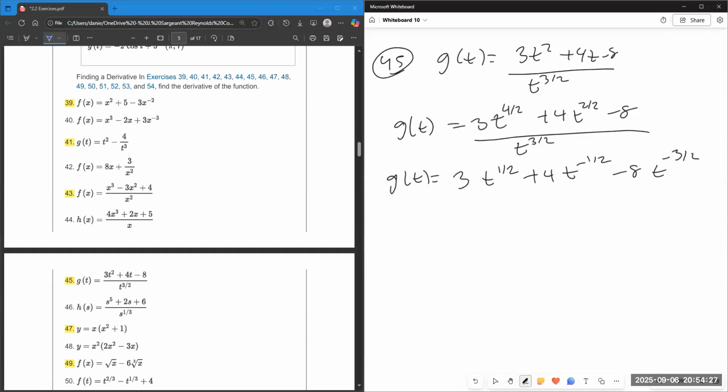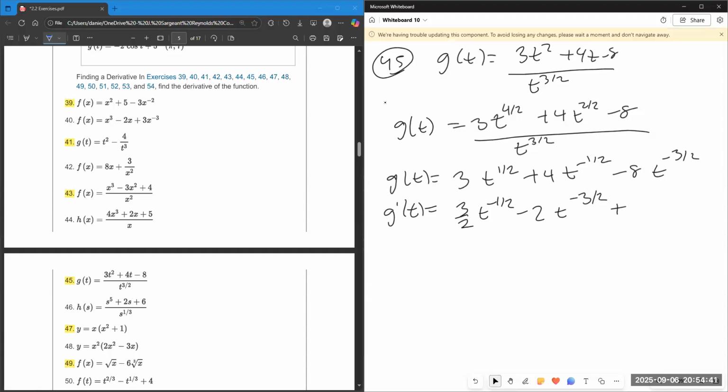And let's differentiate now. G prime of t is 3 halves t to the negative 1/2 minus 2t to the negative 3 halves plus 24 over 2, which is 12t to the negative 5 halves.